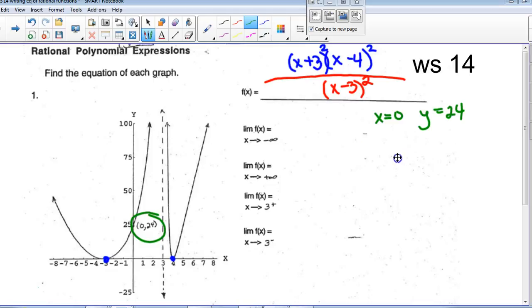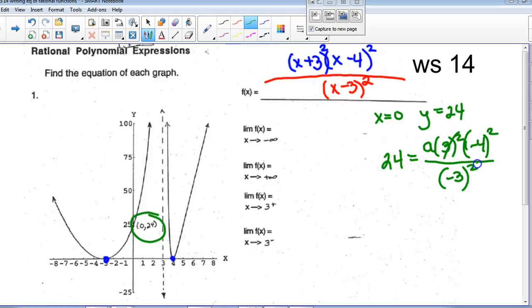We're trying to figure out if there's a stretch. So it would say 24 equals the stretch. Put a 0 in, and we'd get 3 squared times -4 squared. Denominator would get -3 squared. What's 3 squared? -3 squared?